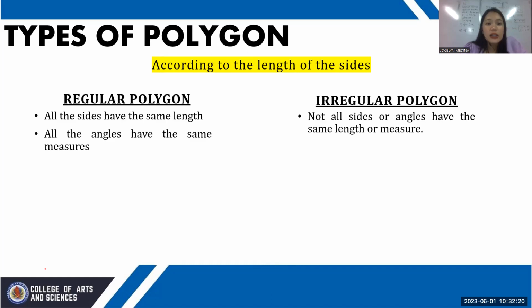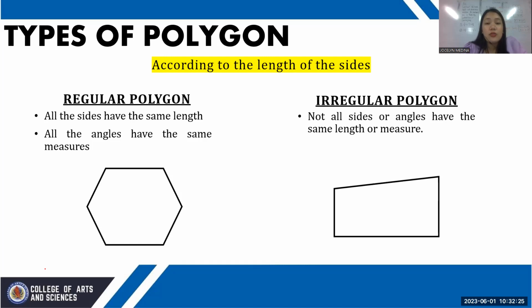Ang titignan nyo lang dito is yung length of the side. Gaano kahaba yung sides. Kapag pare-pareho yung haba ng sides, it's a regular one. Pero pag mas malaki yung isa, mas maliit yung isa, that's an irregular polygon. As you can see here, this side is not the same length as this side.